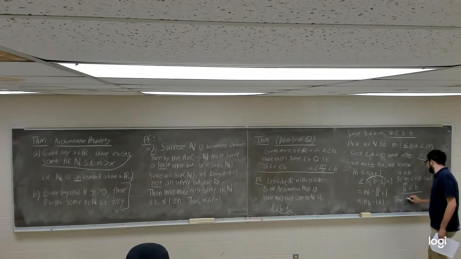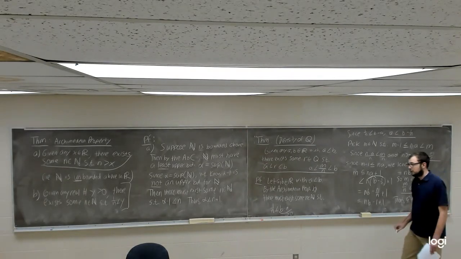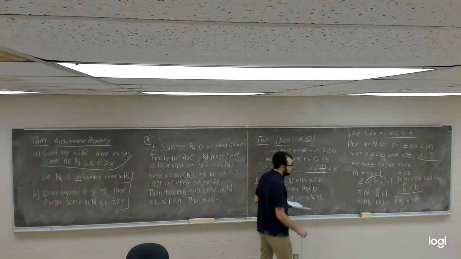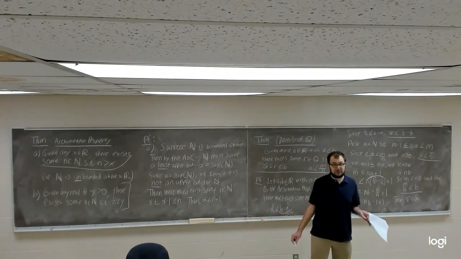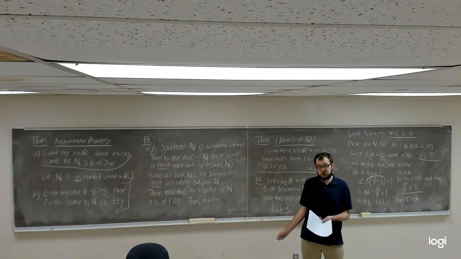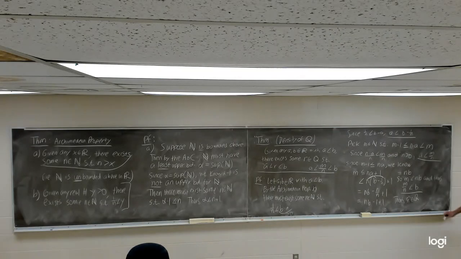Thus, you can say m over n is a rational number, because m and n are both natural numbers and thus integers, and an integer divided by an integer is the definition of a rational number. Thus, m over n is a rational number such that a is less than m over n is less than b, and we're done. We found the thing we wanted.